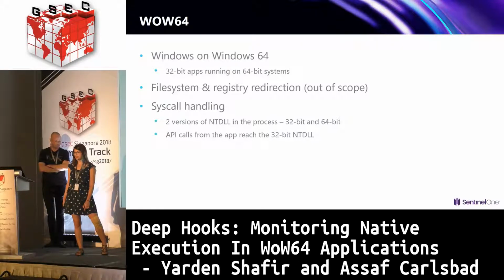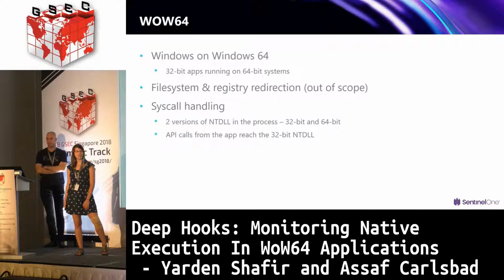It's a subsystem basically made up of a few 64-bit DLLs loaded into every 32-bit process, which allow the 32-bit application to run on top of a 64-bit environment as if they run inside of a 32-bit environment. There are lots of different implications for this subsystem. For example, file system and registry redirection, which aren't very relevant for this project, so I won't talk about them.